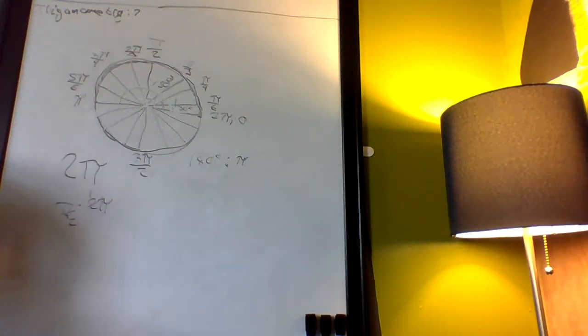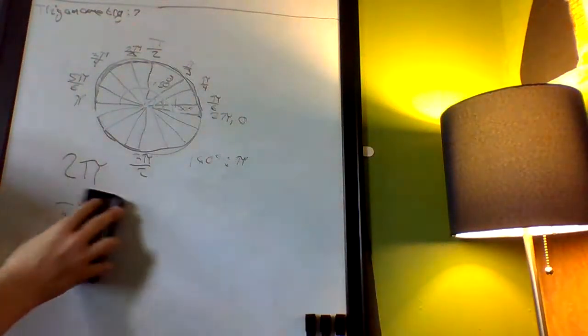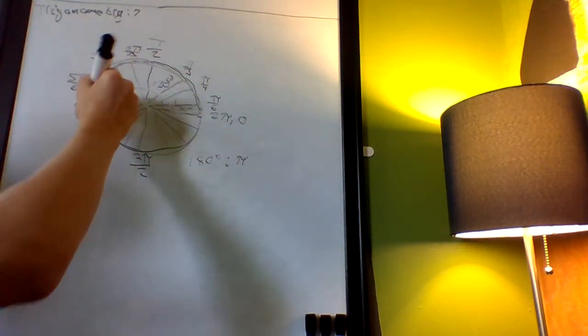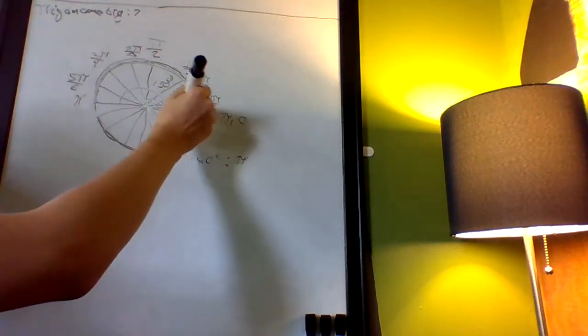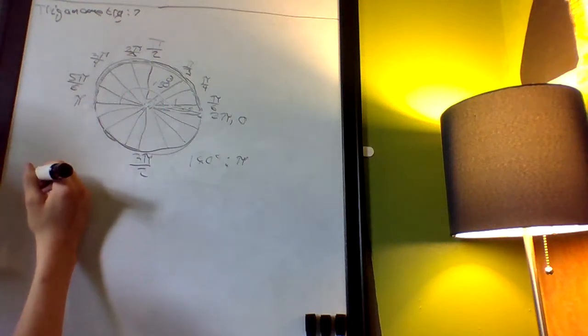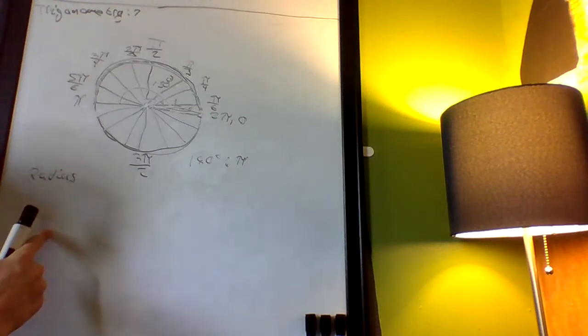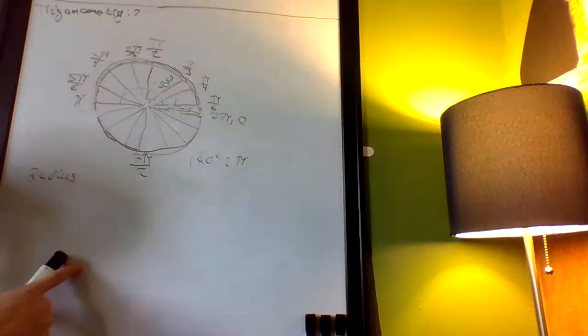Well, what if instead of having each of them separated, like angles and arc and distances along the circle, they were all just one thing? What if instead of having angles in degrees, we had them in how much arc they had with a radius of 1 on a circle? Corresponding with the radius of 1, how much arc does that angle take up?